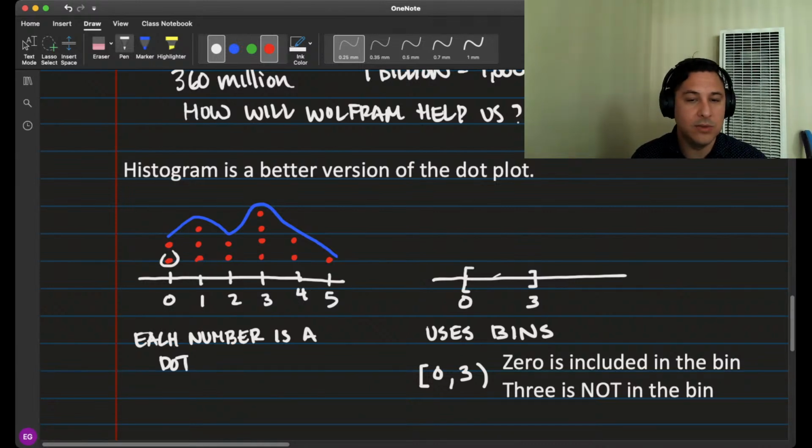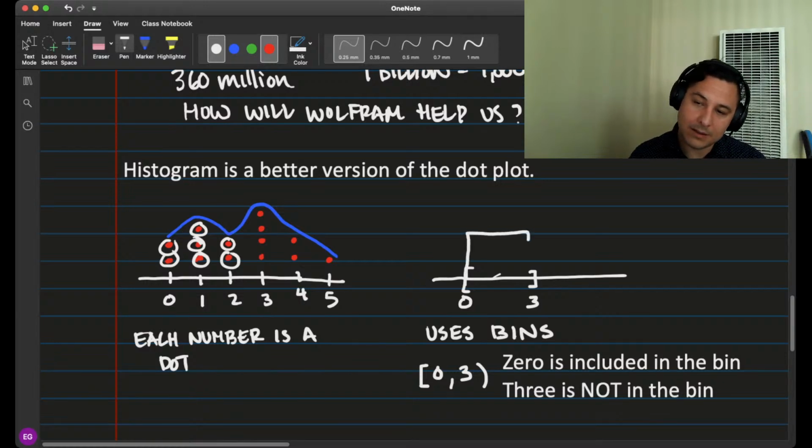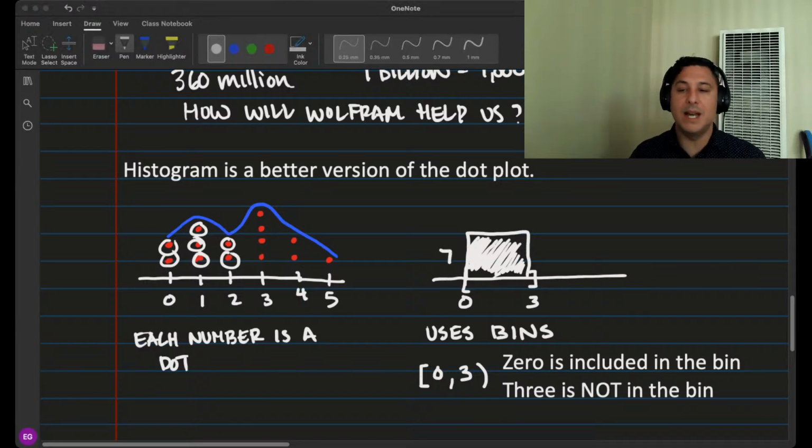Well, there were these 2 zeros, the 3 ones, and the 2 twos. So that's 1, 2, 3, 4, 5, 6, 7. So you'd make a bin of height 7, because there were 7 numbers between 0 and 3, not including 3.